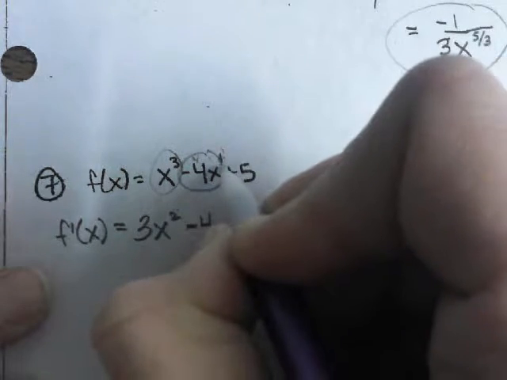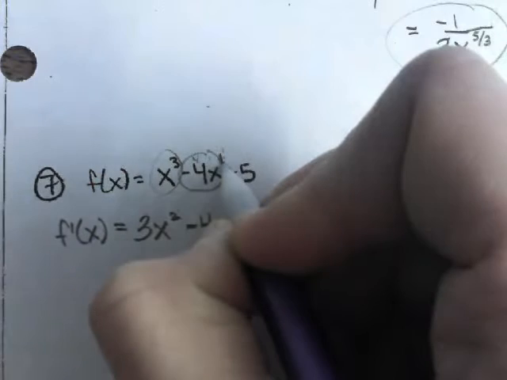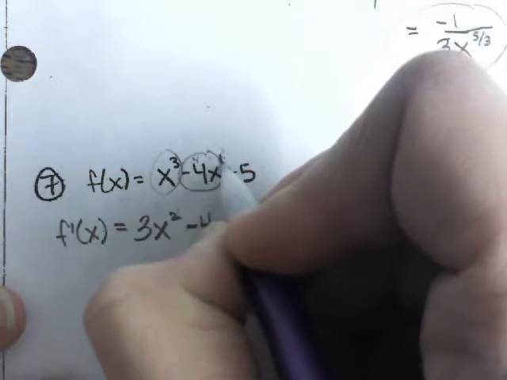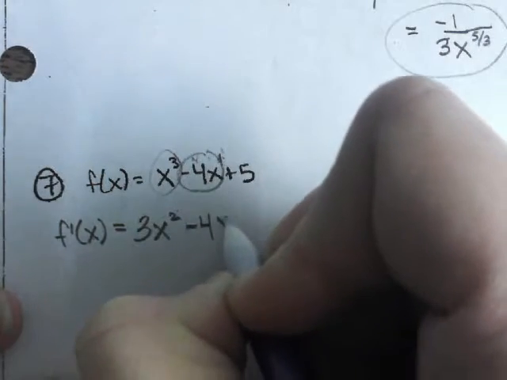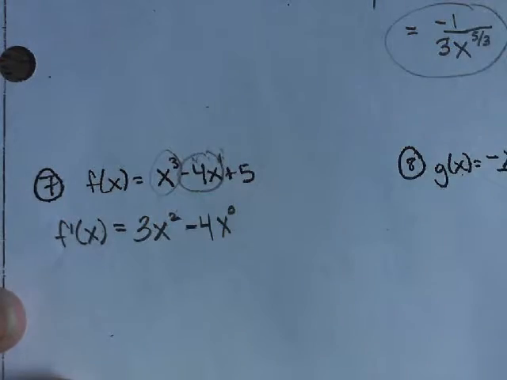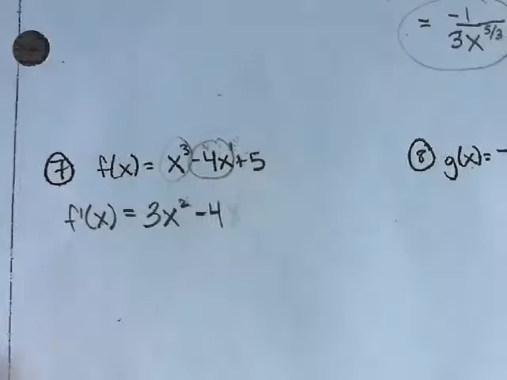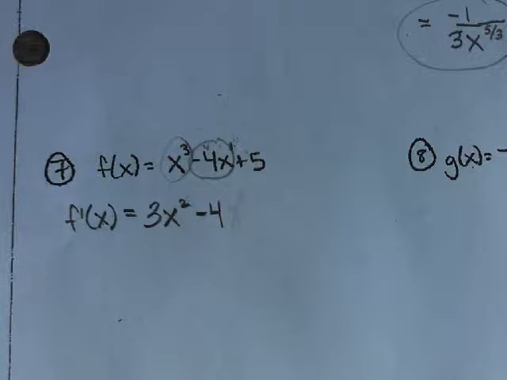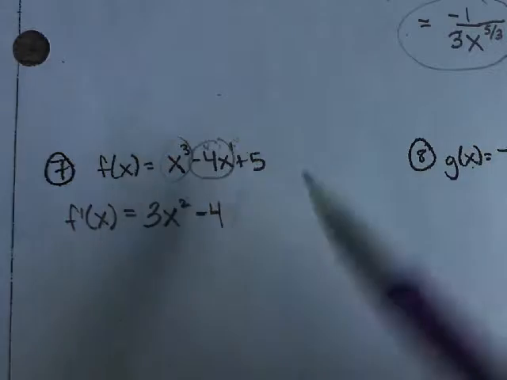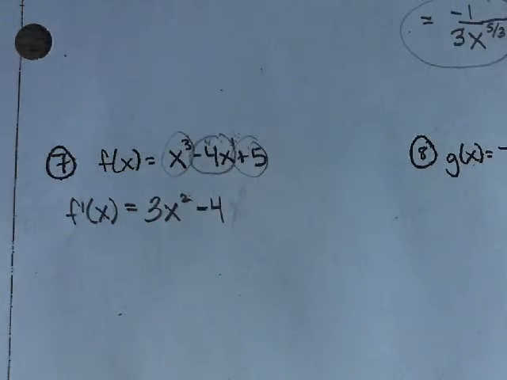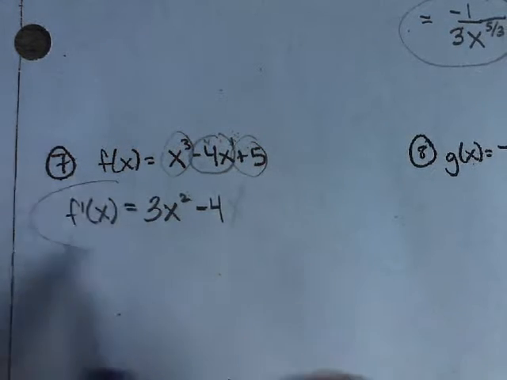And then what is 1 when you decrease it by 1? 0. It'll technically be x to the 0, but what do you know about x to the 0? It's just 1, so that part doesn't even need to be written. And then the derivative of 5 is a constant, so the derivative of that is 0, so we don't do anything for that, and we're done.